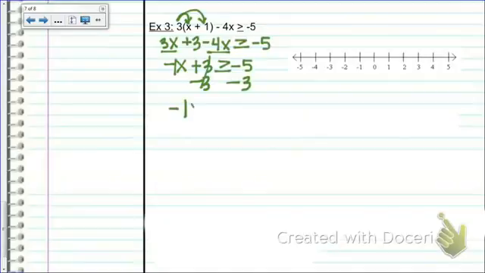Okay, so negative 1x is greater than or equal to negative 5 minus 3, which gives me negative 8. And then, guys, here's where students stop, because they think, okay, I have negative x greater than or equal to negative 8, done, because I got x by itself.